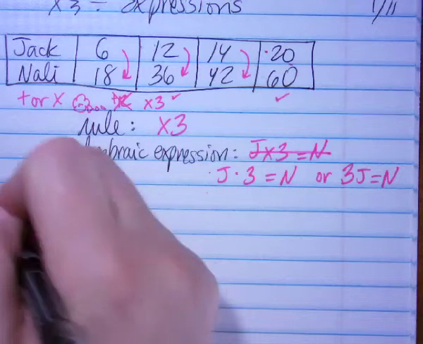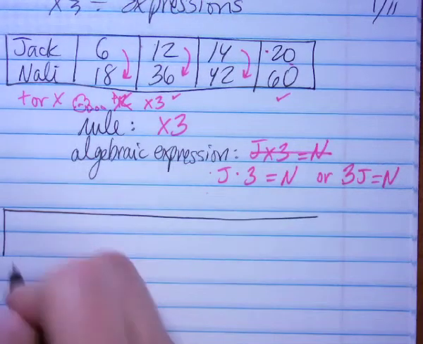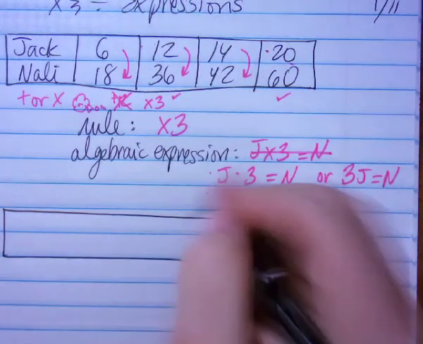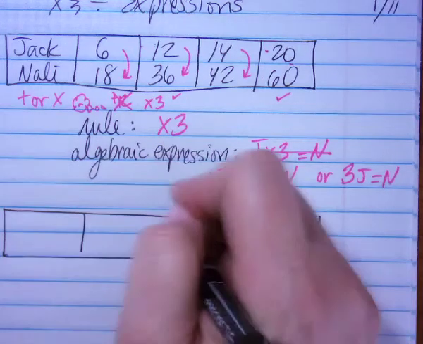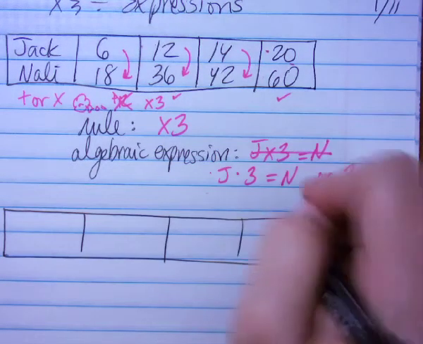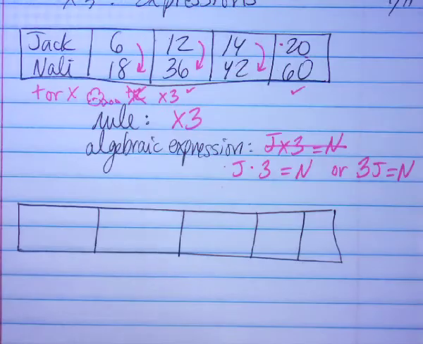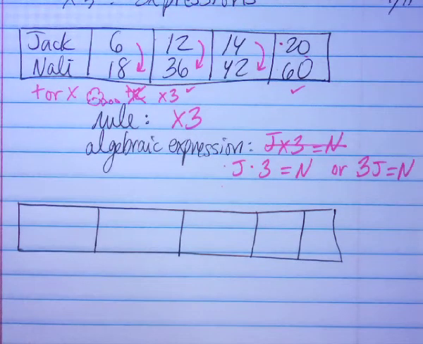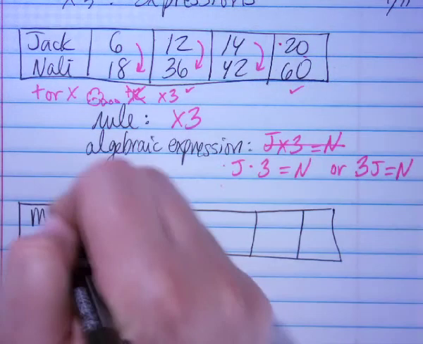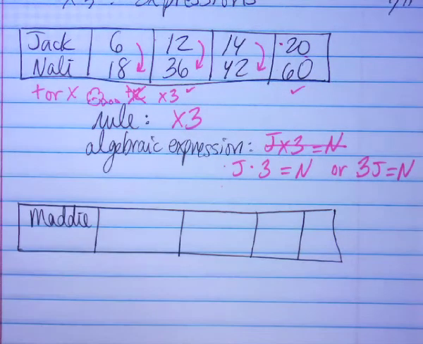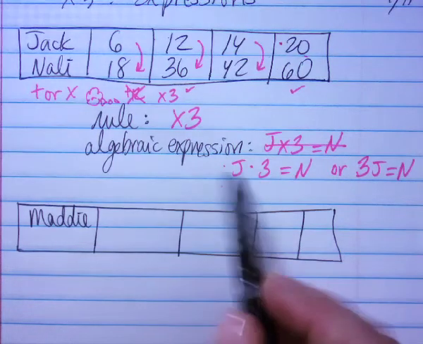All right, so let's do another chart. We need 5 columns again. I didn't space those out very well, sorry. And we have Maddie. You have to have the equals sign on it for either answer. You don't have to for the expression.